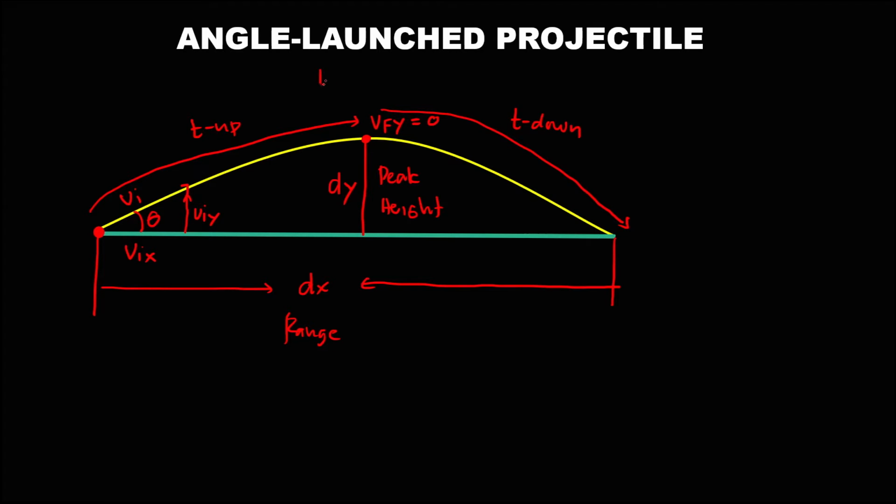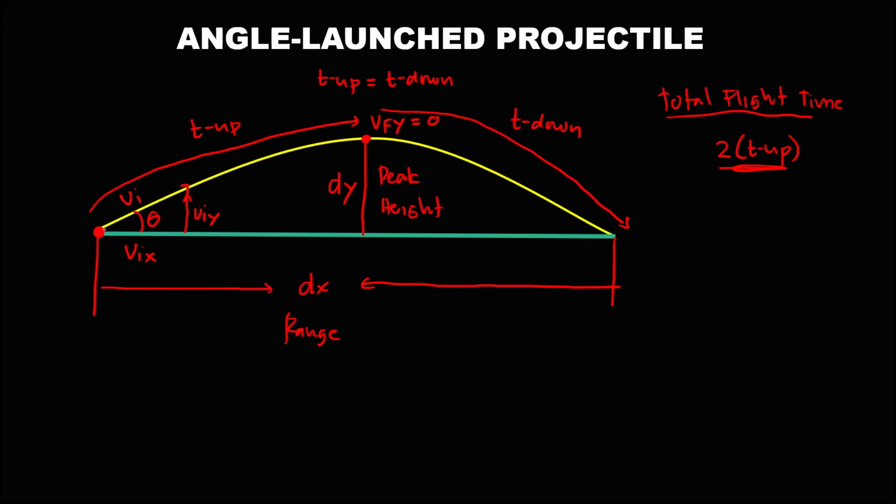Take note the time up is equal to the time down. So therefore, to find the total flight time, this is equal to 2 times the time up.